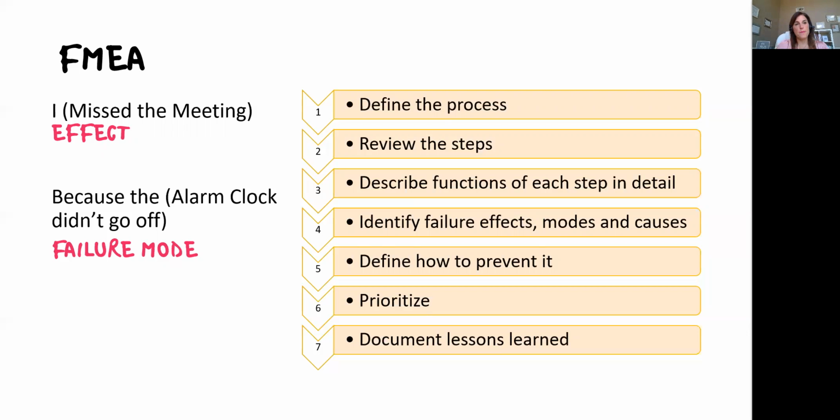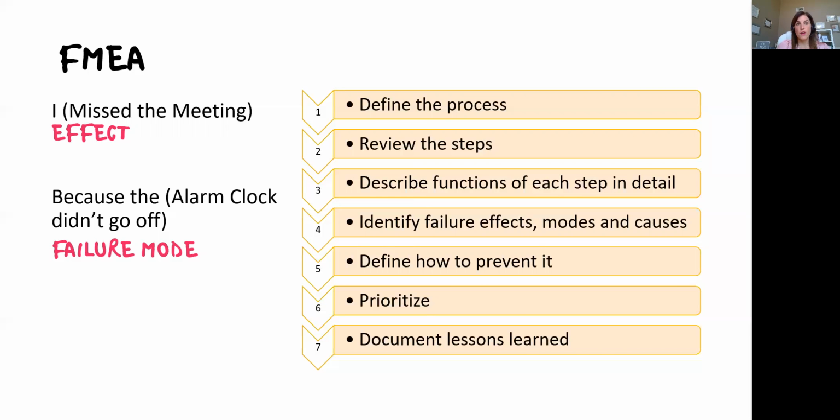Let's say I miss a meeting. That is the effect that I got. And the failure mode is why I got it, because probably the alarm clock didn't go off. All right, so how can we avoid this happening in the future?